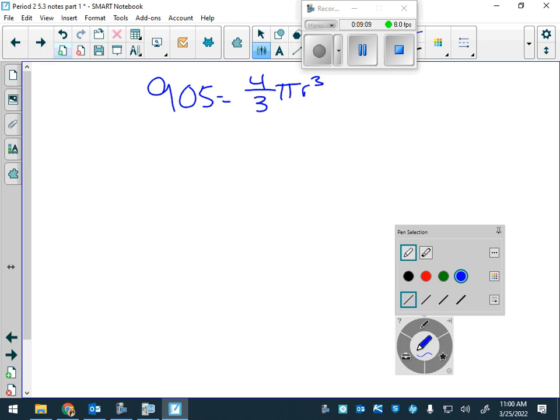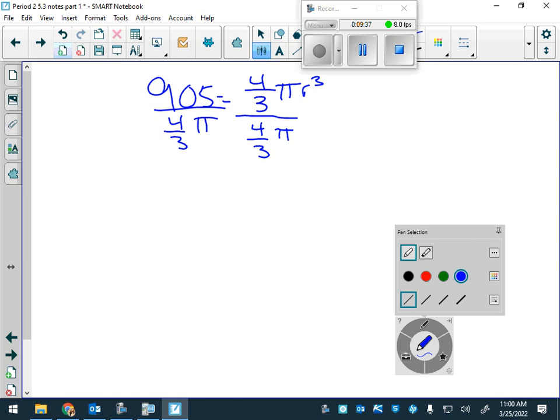So from here, to get r cubed by itself, you would divide by 4/3 pi, right? Using your calculator, if you did not put parentheses around 4/3, it would do 905 divided by 4 times 3 pi. So if you got 236 or whatever it was, that's why.